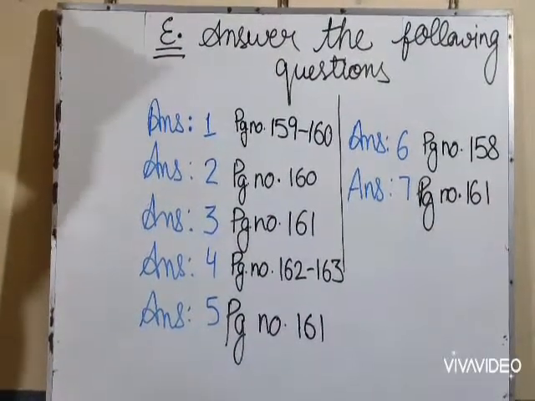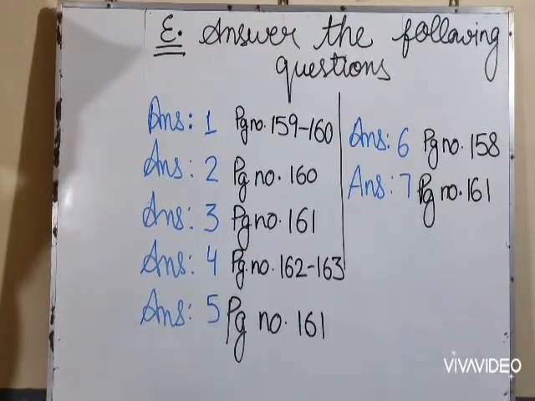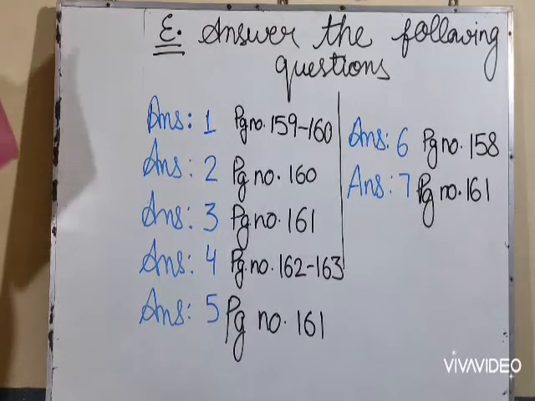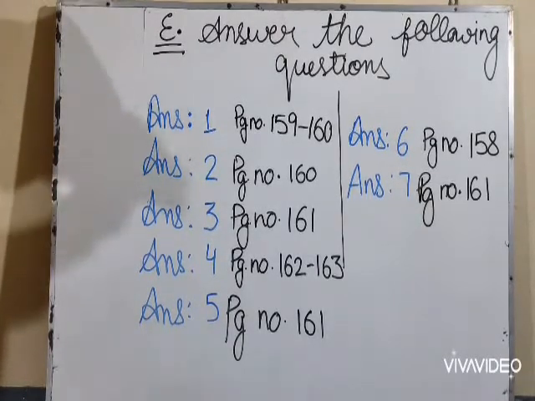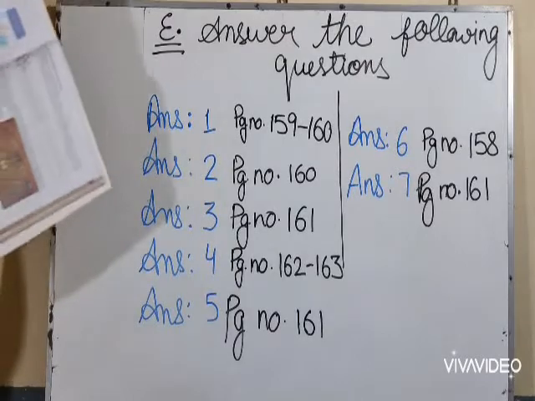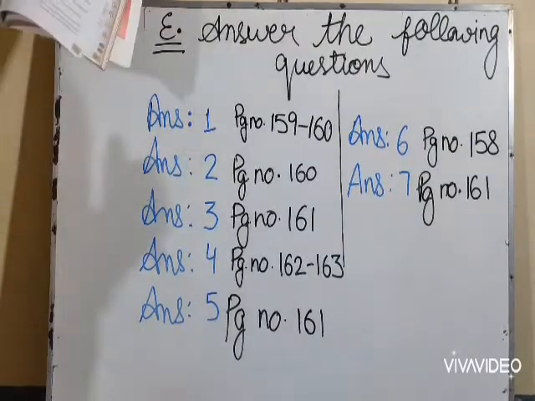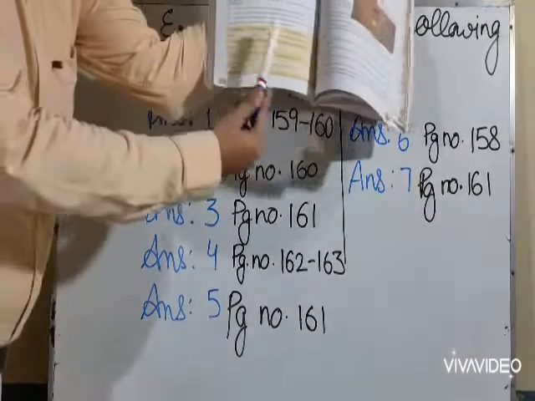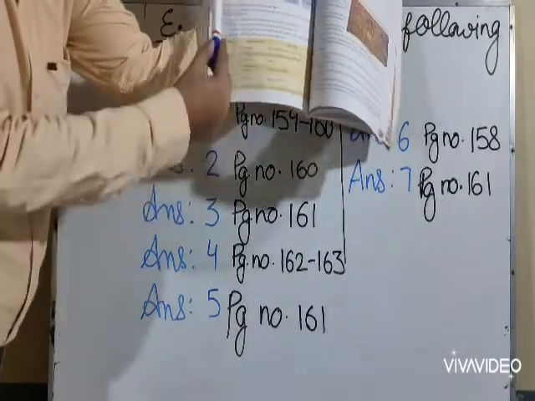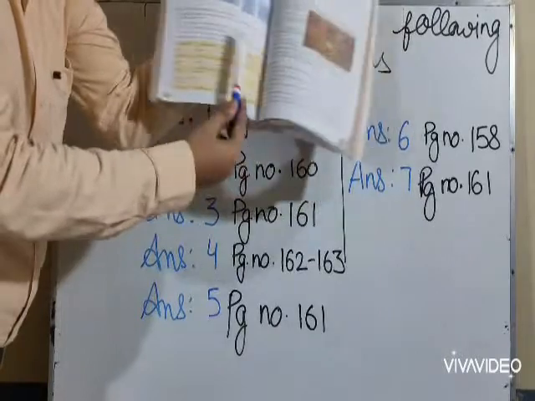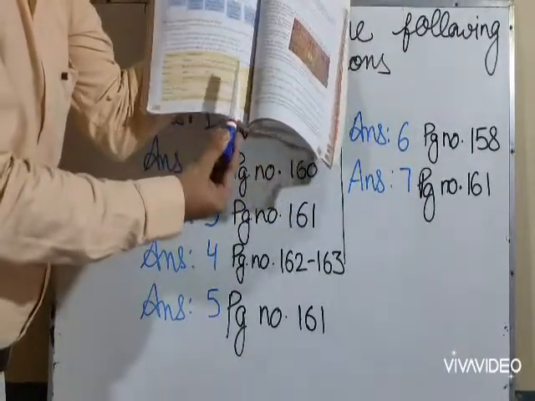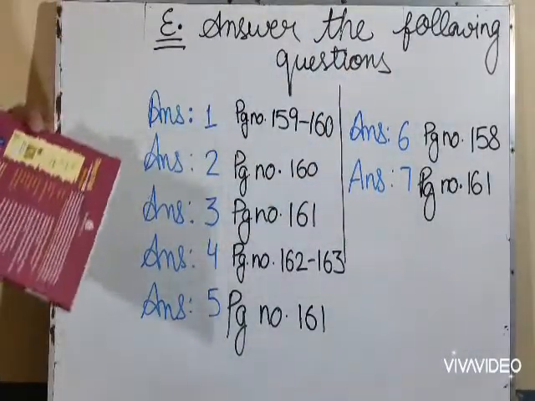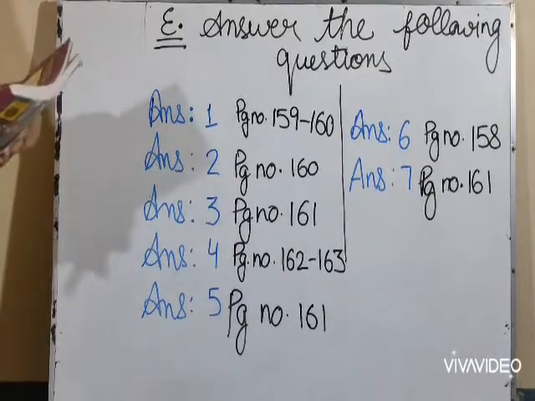Now question number 6 is, what is the difference between a state and union list? Then you have to open page number 158, where the heading is mentioned, division of powers between the centre and a state, and you will find on this page the difference between union and state list or concurrent list. What are the differences and what are the definitions?